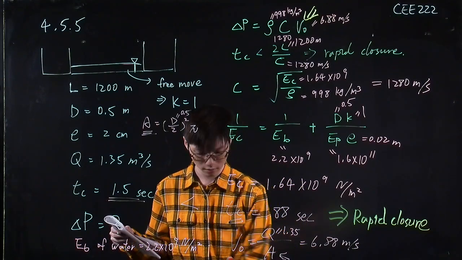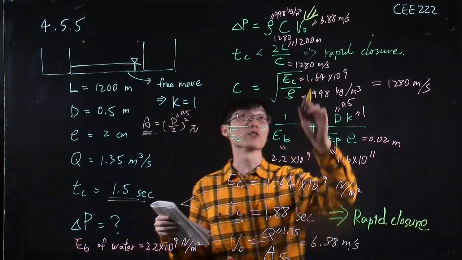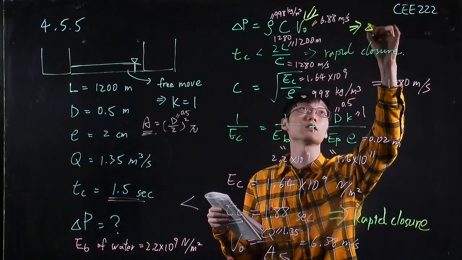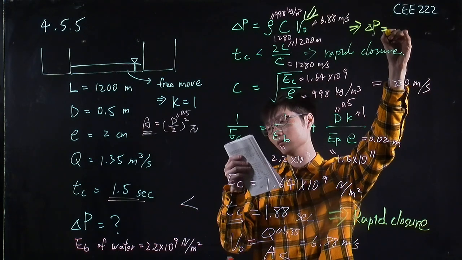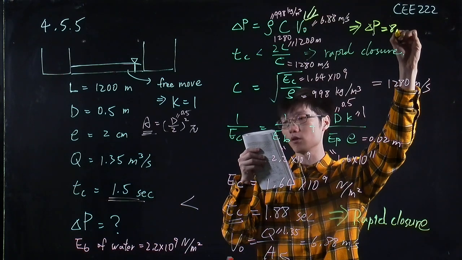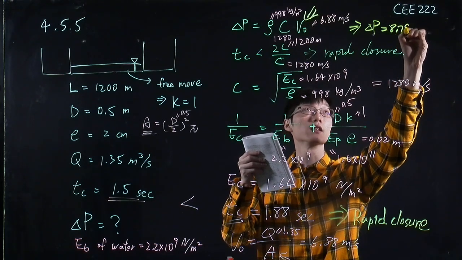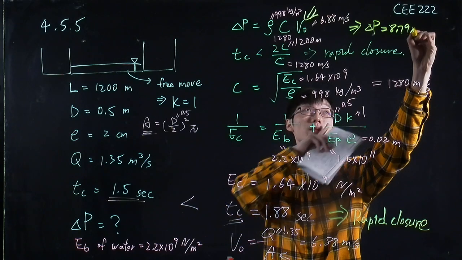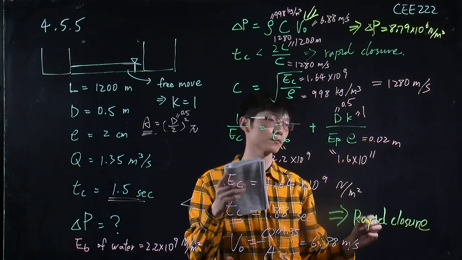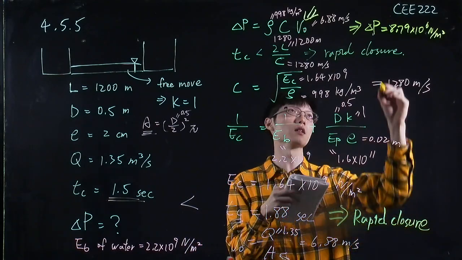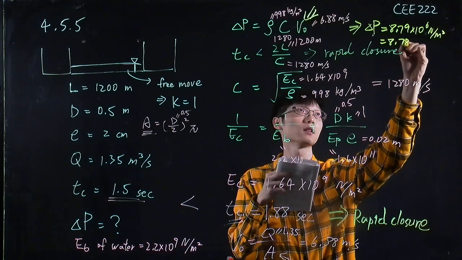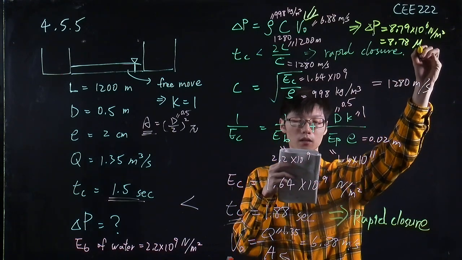And then you just multiply these three numbers, and we get that the delta P is equal to 8.79 times 10 to the power of 6 Newtons per square meter, which is equal to 8.79 megapascals.